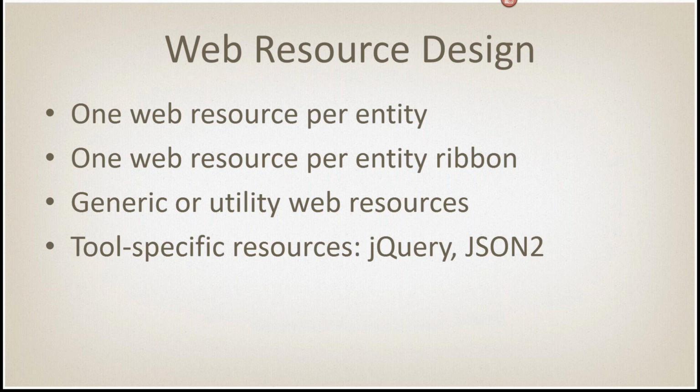The idea behind having a resource for an entity and a resource for an entity ribbon is that a lot of times, if you have a very substantial code base associated with something, say the account, it's very easy for you to lose the functions that are associated with the ribbon buttons. I like to separate those out so that I know specifically all of my ribbon code is in one web resource, and all of my entity code is in another web resource.